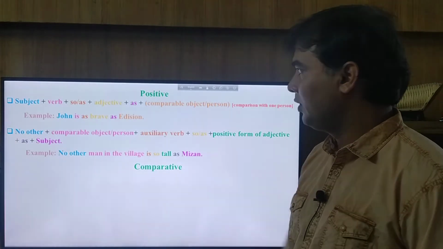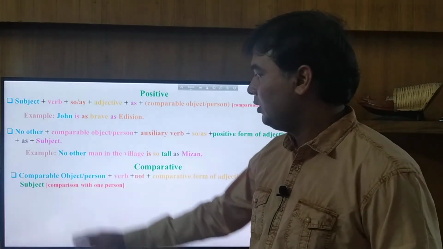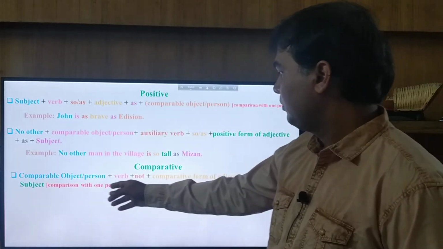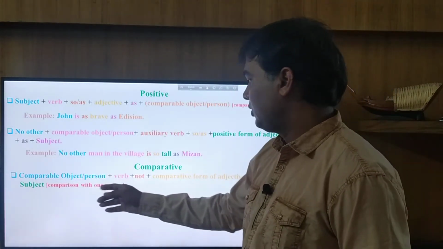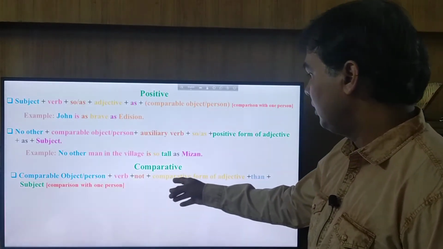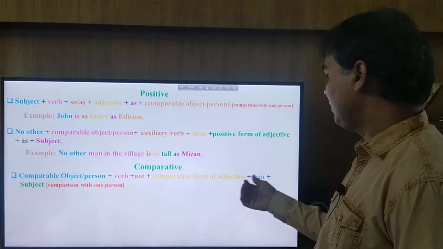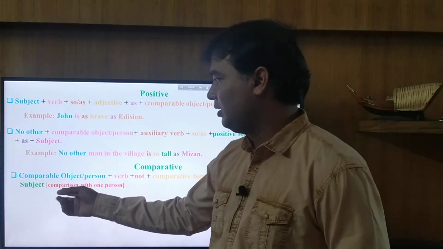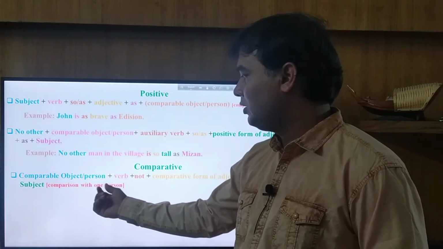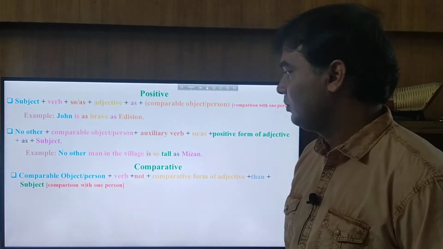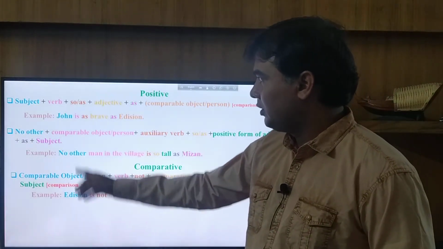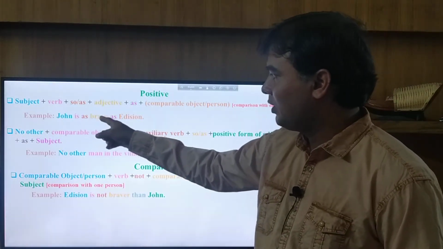Now comparative degree. You see the basic structure: comparable object or person, then verb, then "not", then comparative form of an adjective, then "than", and then subject. And this rule is applicable if the comparison is with one person. For example, John is as brave as Edison.